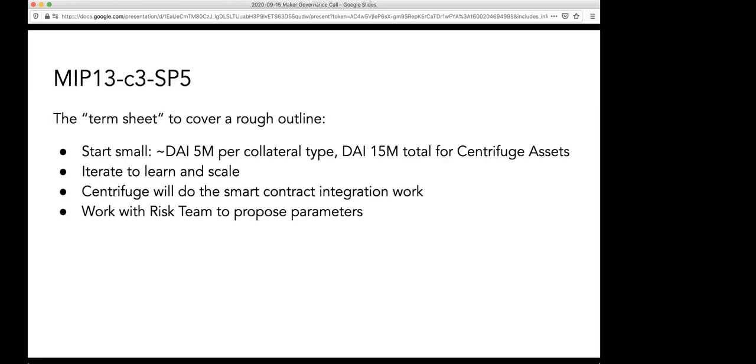So this is the process we intend to follow, and it's explained in a bit more detail in the forum post, in the MIP. And I'd love to answer questions, modify it, extend it as it goes through this current governance cycle.